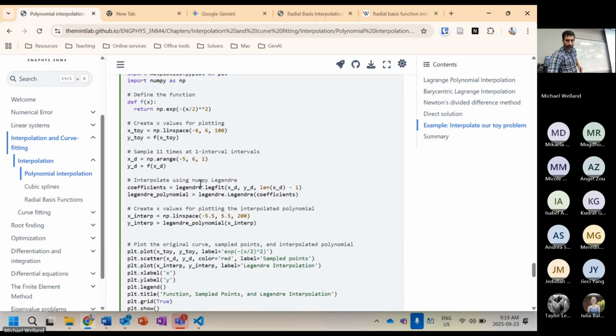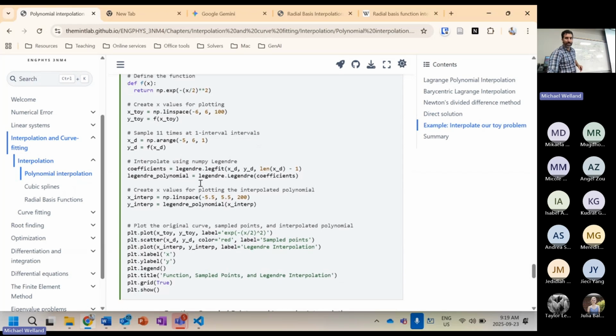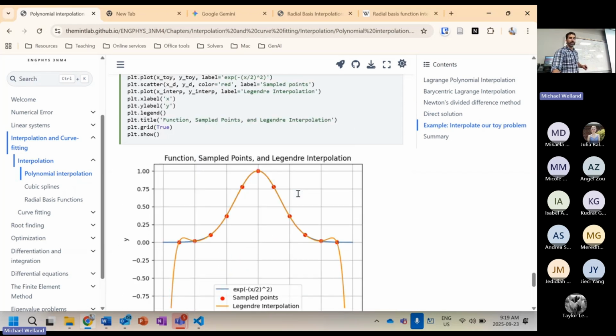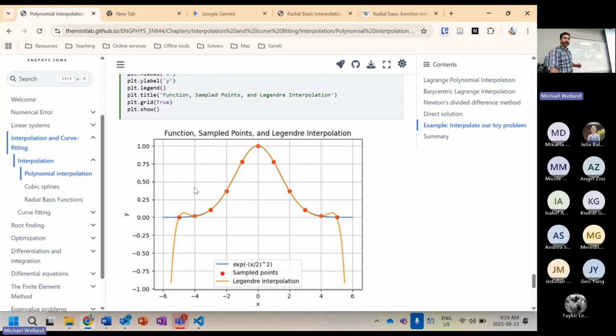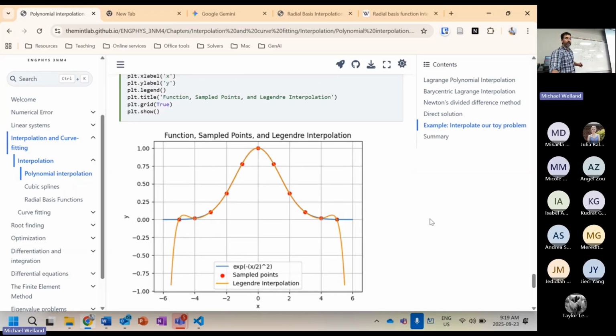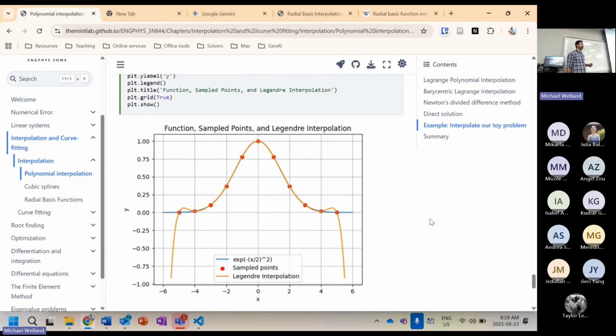I think it's the NumPy function that gives us a Legendre polynomial. And this is our polynomial fit: we have an 11th degree polynomial that fits all of our data points. Is this a good fit?